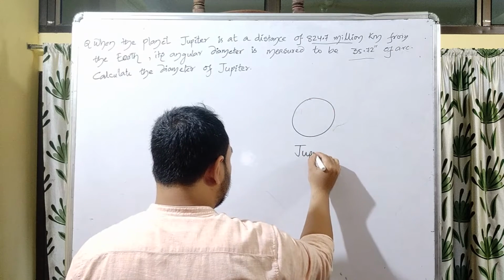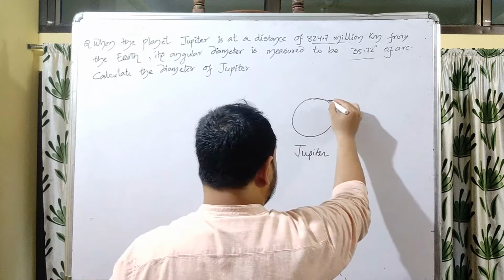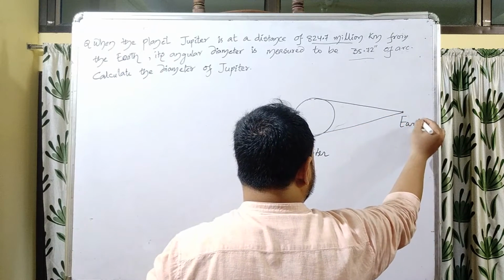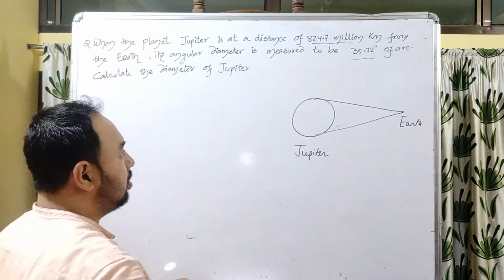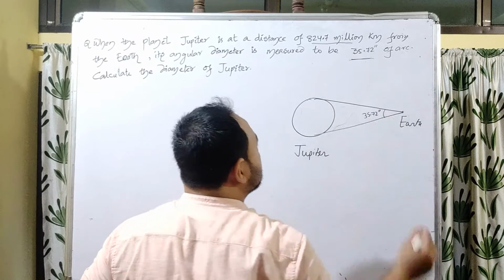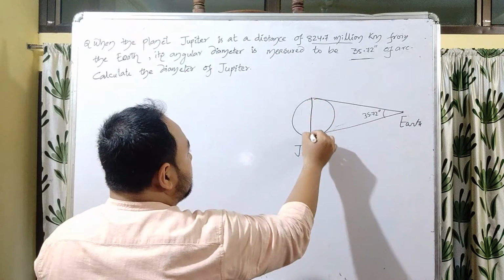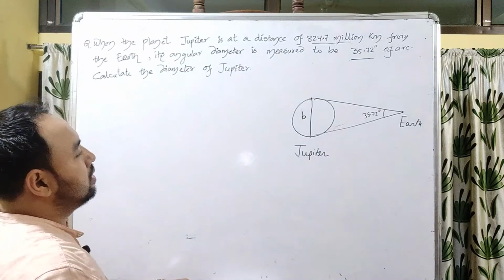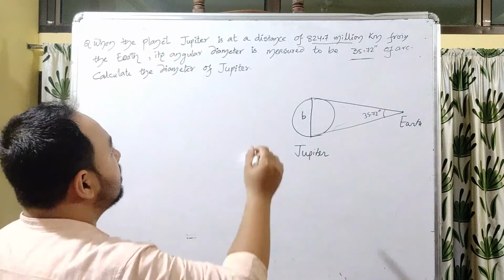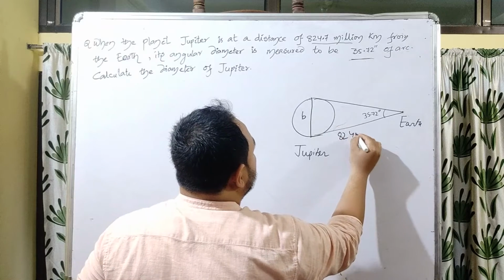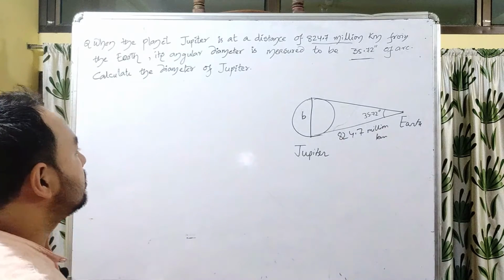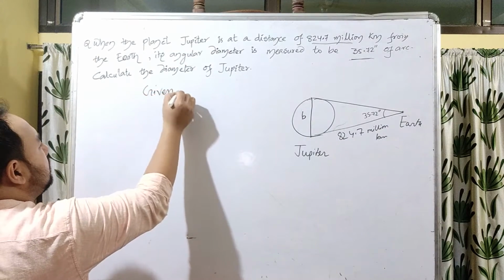So let this be the planet Jupiter, and it makes an angle of 35.72 arc seconds. The diameter of Jupiter, let us consider this to be B, and the distance is 824.7 million kilometers.